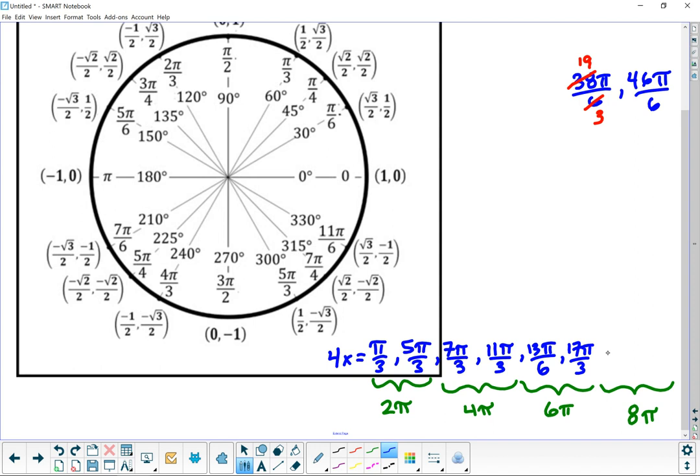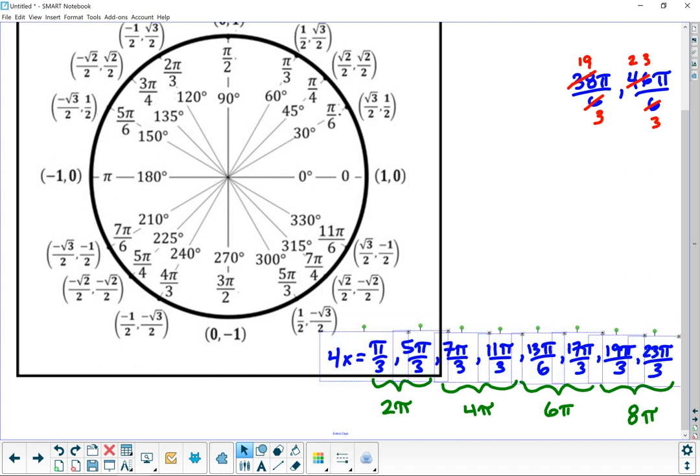So we got 19 pi over 3. And then 46 divided by 2 would be 23. Divided by 2, 6 gets you 3. So 23 pi over 3. Whew, that's a lot. So all of these are my answers. Those all range from 2 pi, 4 pi, 6 pi, 8 pi. So 4 unit circles.